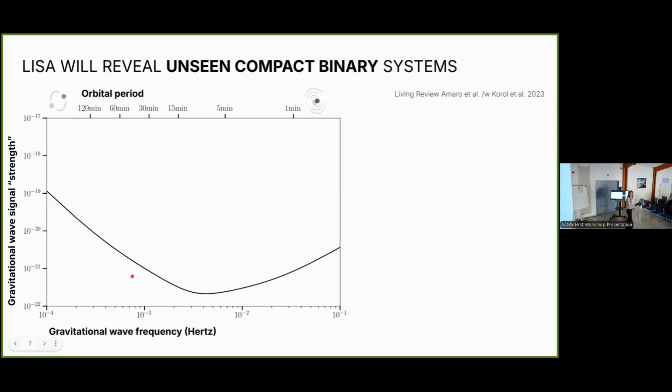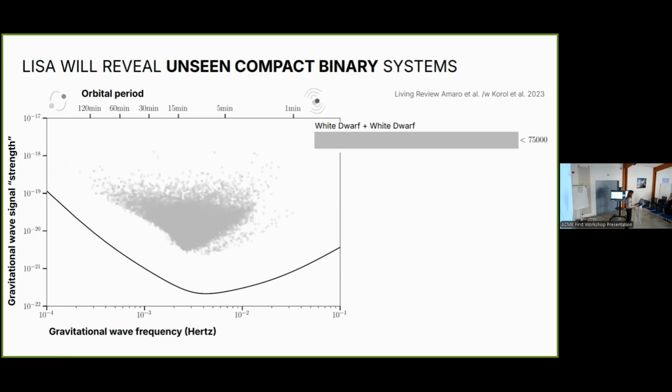And now let me show you the predictions for all of those types of binaries that we reviewed in the LISA astrophysics white paper that has been recently published as a living review. So the most numerous type of source will be double white dwarf binaries, and this is simply because these stars like our sun are the most common stars in the Milky Way.